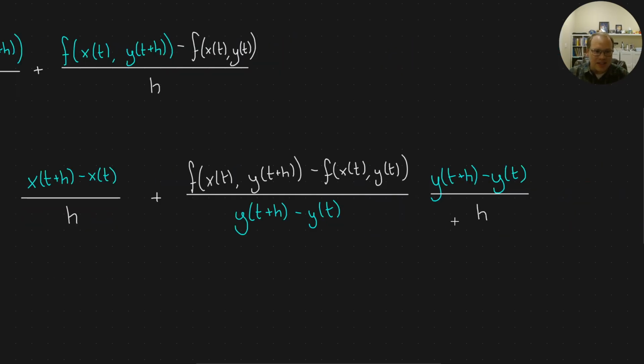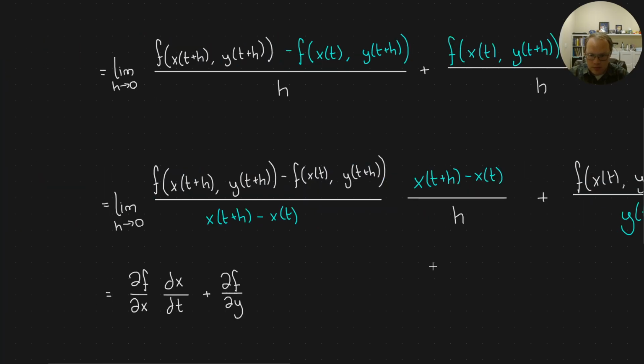And then finally, this last fraction, I'm looking at how the y function changed as we changed the t value, as we went from t to t plus h and moved that h units over. As we let h go to 0, this becomes the derivative, so in the limit, it becomes the derivative of y with respect to t.